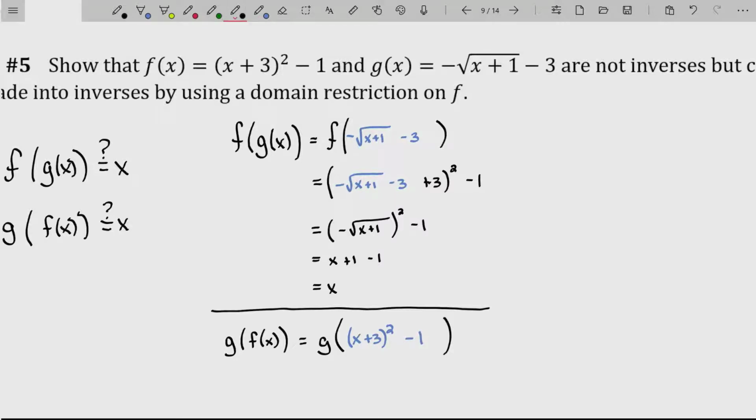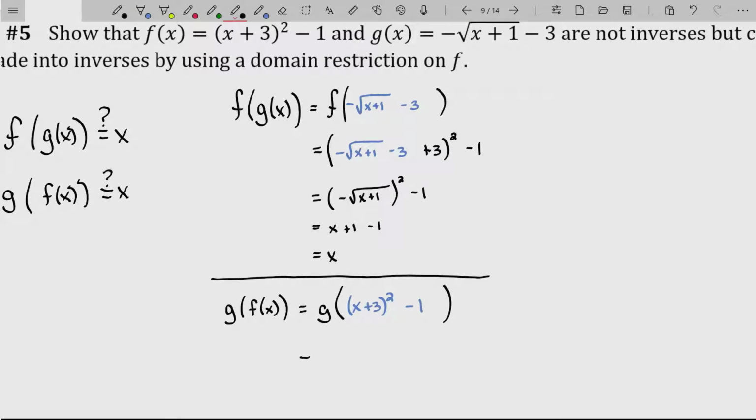Again, I'll just plug that into the function g. G, remember, was a negative square root of something plus 1. That something is the blue ink, and then plus 1. I didn't need that radical to be that large, so just erase that. And then remember, we have this minus 3 on the outside.